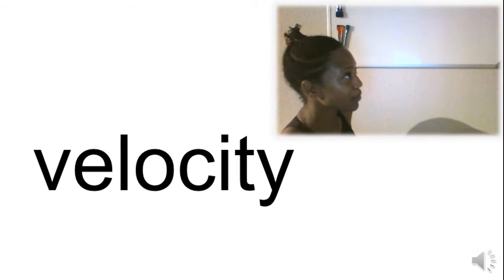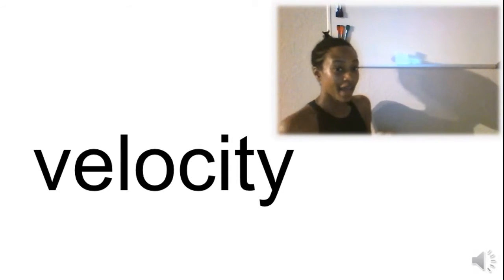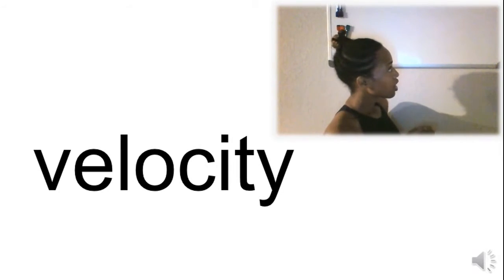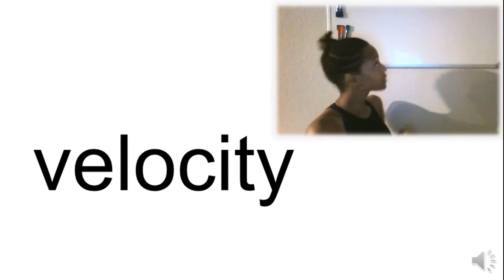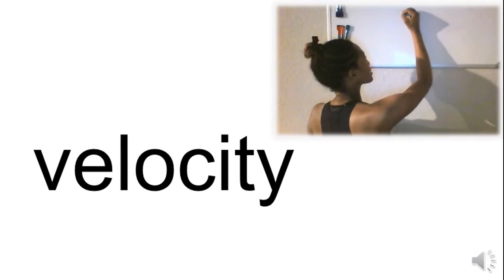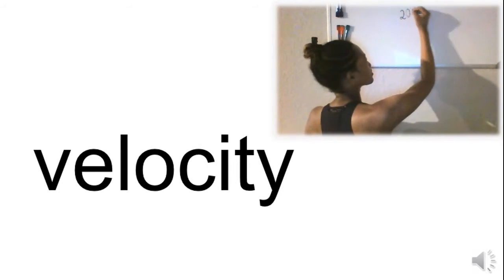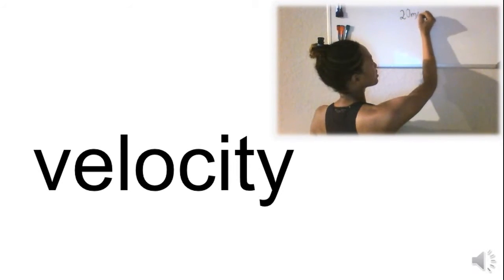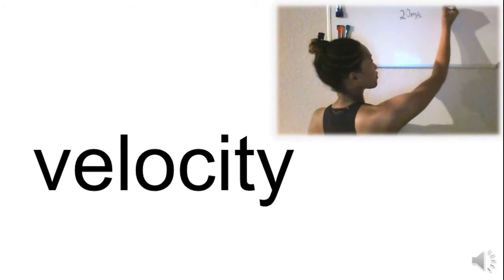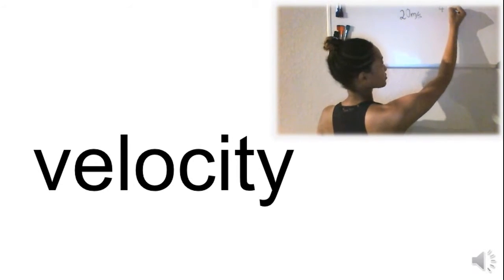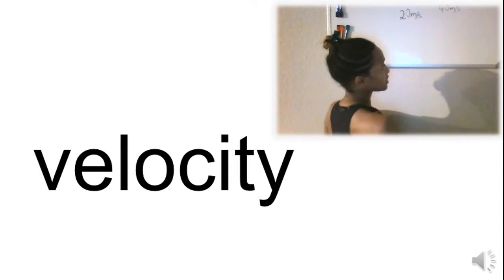And as an example, let's stick with traveling at a velocity of 20 meters per second in second one, and then traveling at a rate of 40 meters per second in second two.